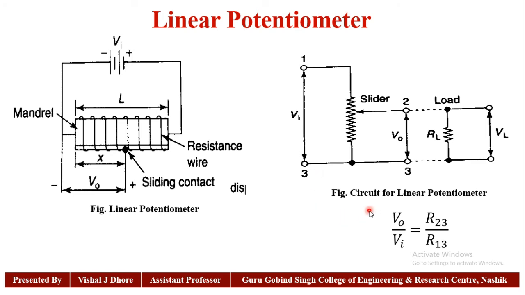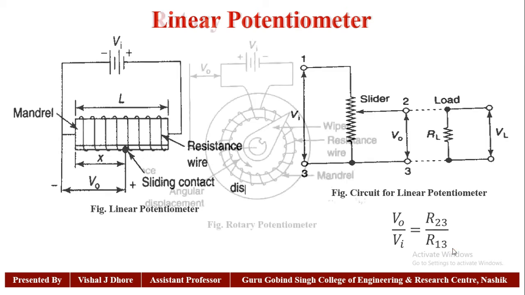So the formula is output voltage over input voltage is equal to the resistance between the terminals 2 and 3 divided by the resistance between the terminals 1 and 3. Now this is about the linear potentiometer.